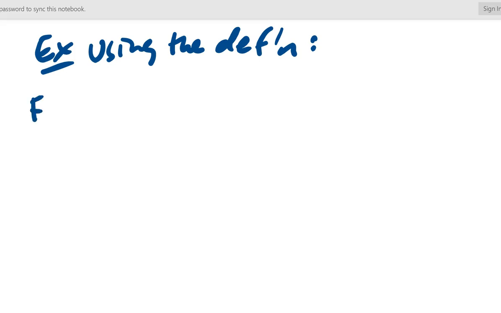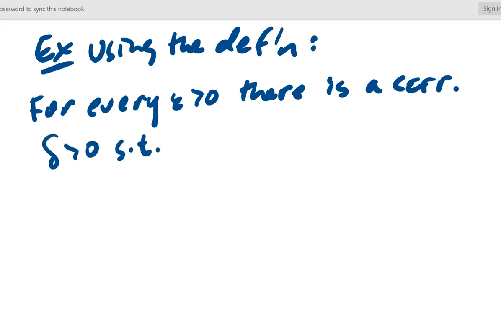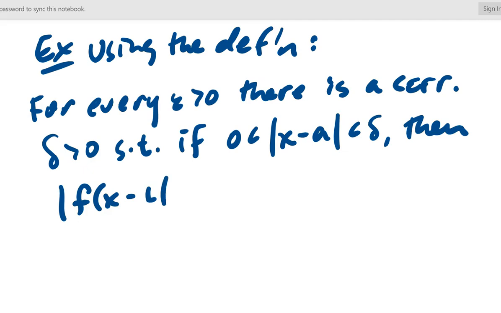It says for every epsilon greater than 0, there is a corresponding delta greater than 0, such that if 0 is less than the absolute value of x minus a is less than delta, then the absolute value of f of x minus L is less than epsilon.